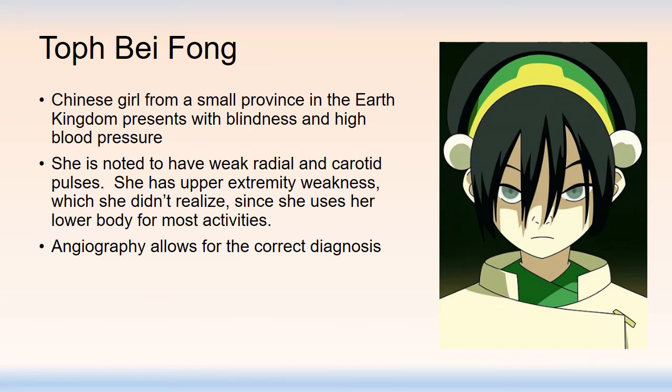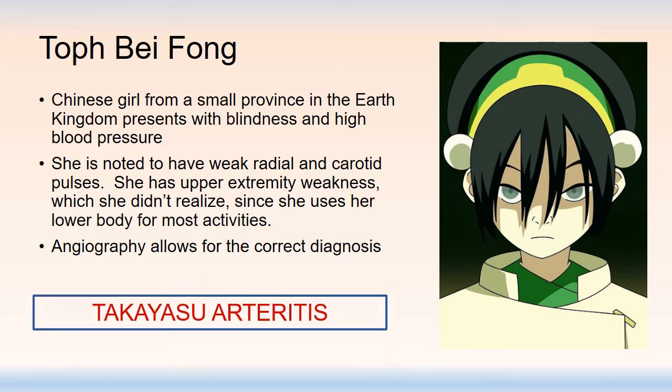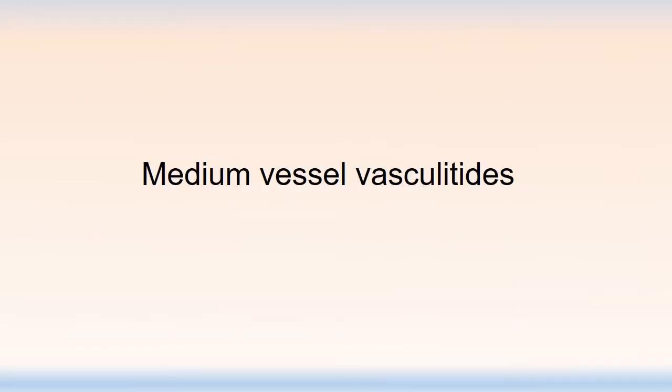So Toph Bei Fong, with her blindness, with her upper extremity weakness, she got an angiography just like the one I showed you, and it did allow for the diagnosis of Takayasu arteritis. Now we'll move into our medium vessel vasculitides and see some patients who have those conditions.